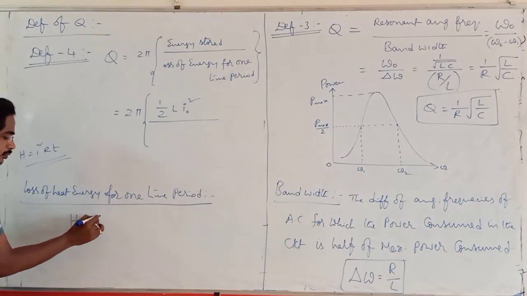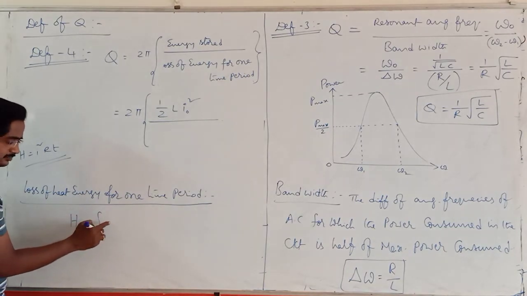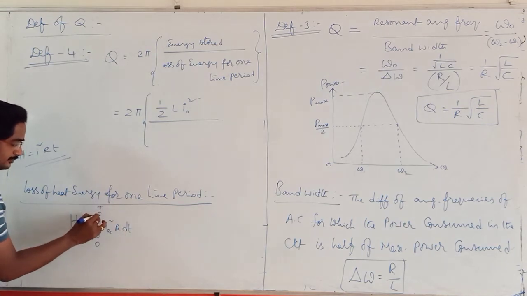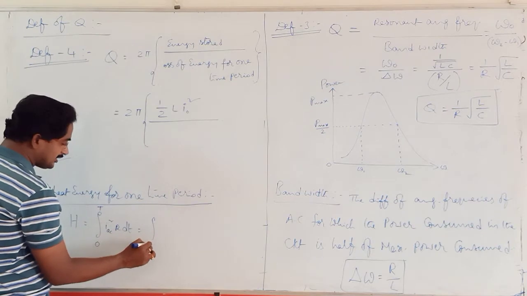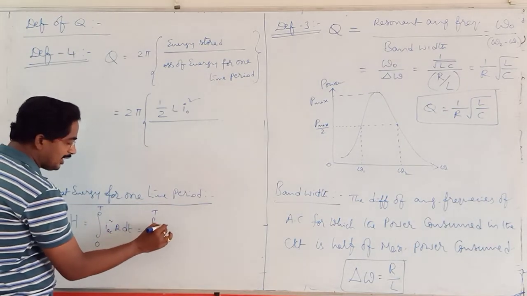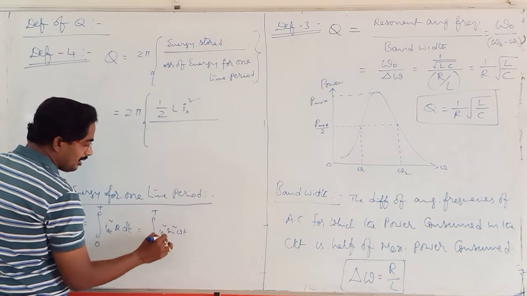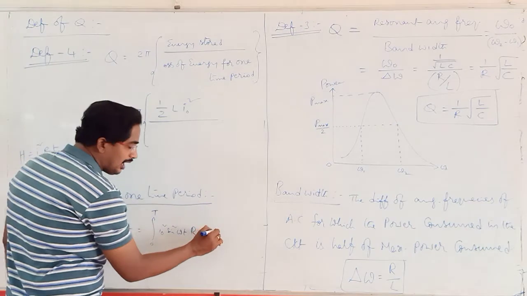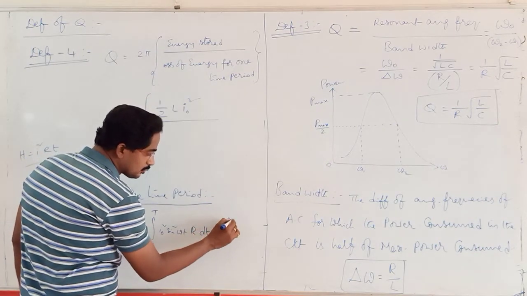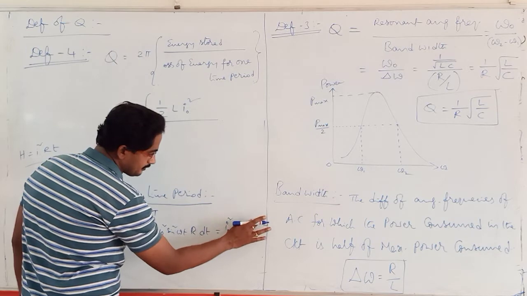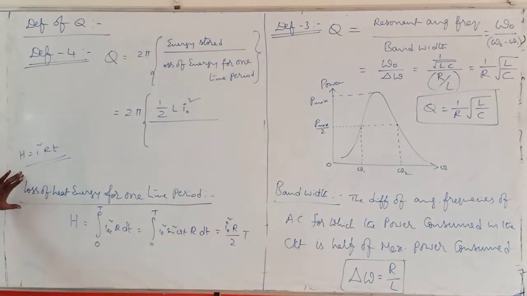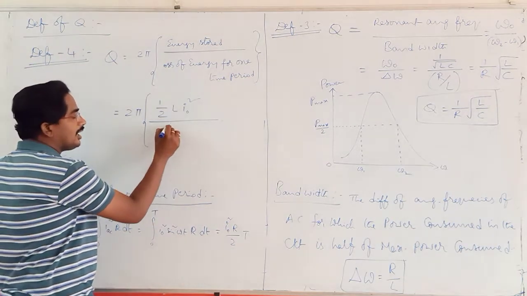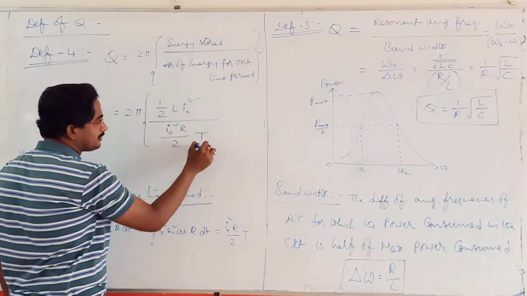So heat energy produced equals the integral, because it is AC current, of I AC square R dt with limits 0 to T. If you solve it, integral 0 to T of I naught square sin square omega t R dt, the answer we get is I naught square R by 2 into T. The loss of heat energy for one time period is this much: I naught square R by 2 into T.